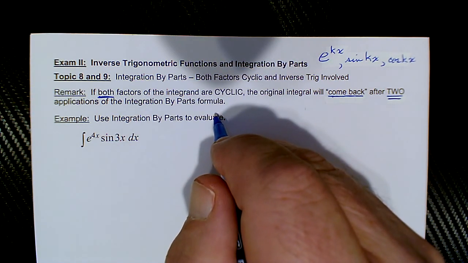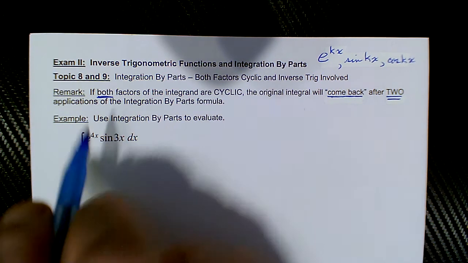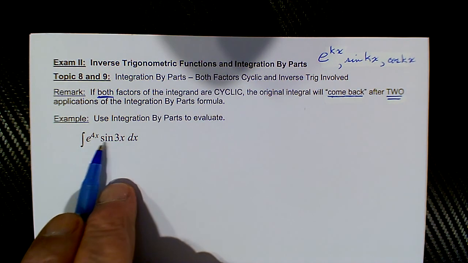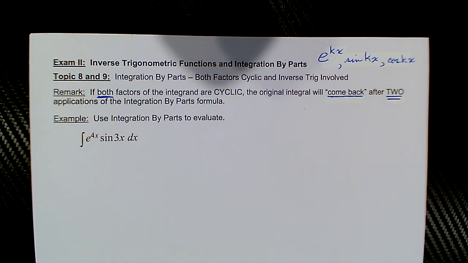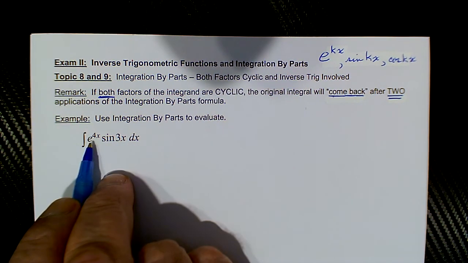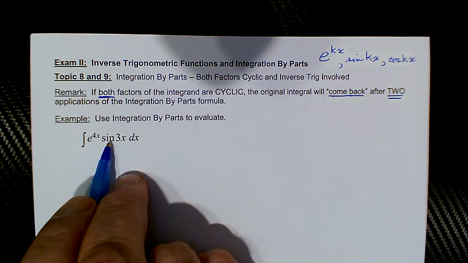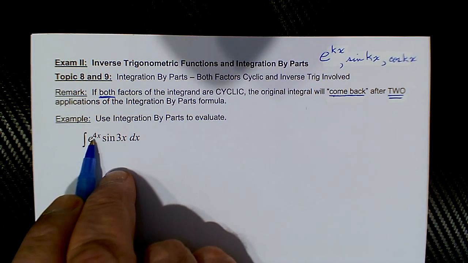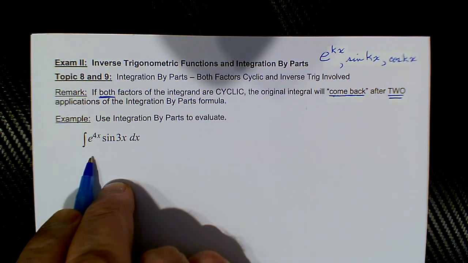Because if you imagine the situation in this example, no matter which one you choose to be u and which one you choose to be dv, that is, choose u to be e or choose dv to be sine, or vice versa, choose dv to be e and u to be sine. What happens is e, when differentiated or integrated, is going to come back to itself as e immediately.